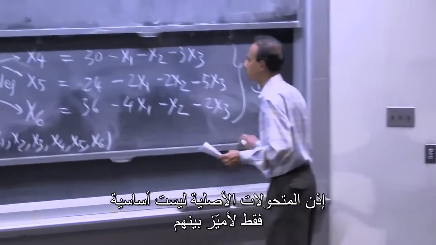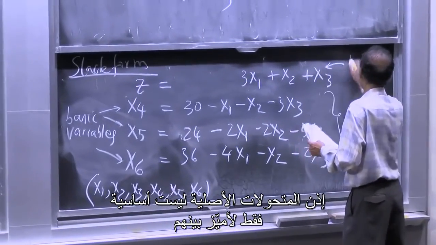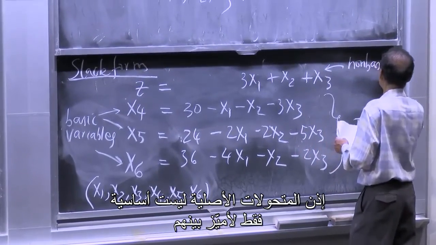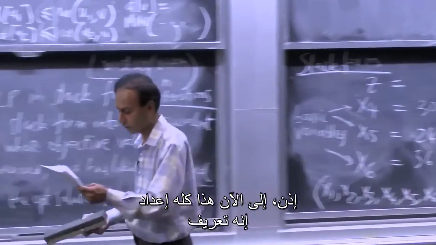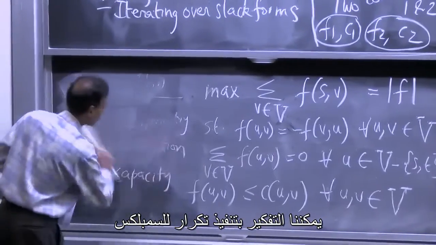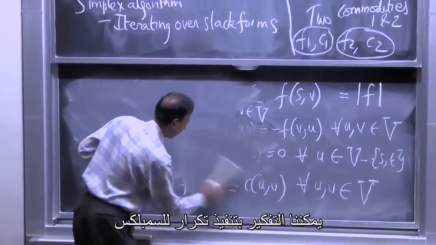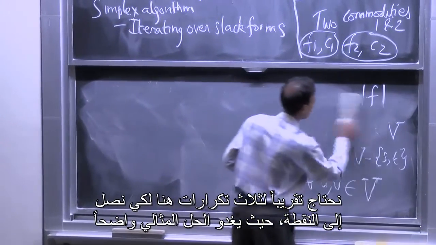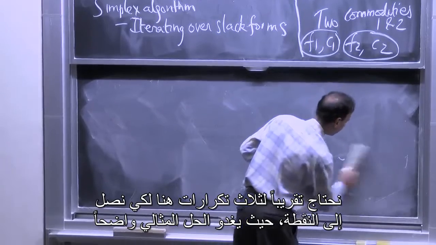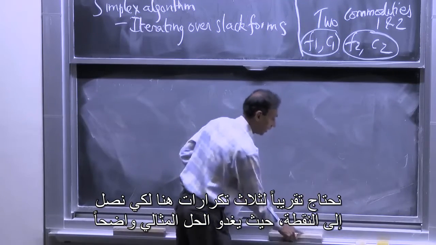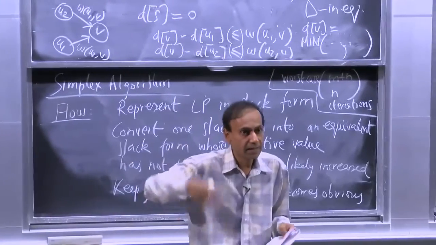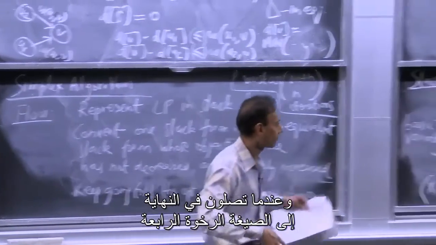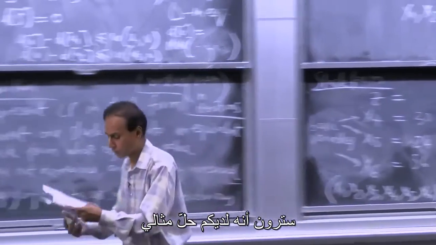So the original variables are non-basic, just to differentiate. So far it's just set up, it's definitions. We can think about running through iterations of simplex. It takes about 3 iterations here to get to the point where the optimum is obvious. So you're going to convert through 3 slack forms, and then finally when you get to this 4th slack form, you see that you have an optimum solution.